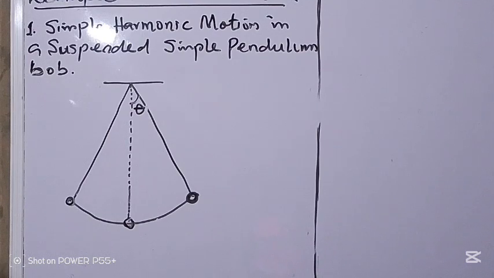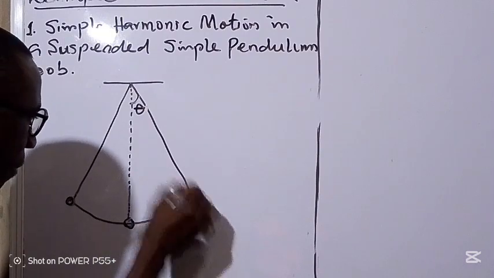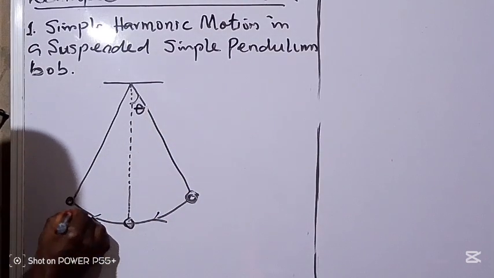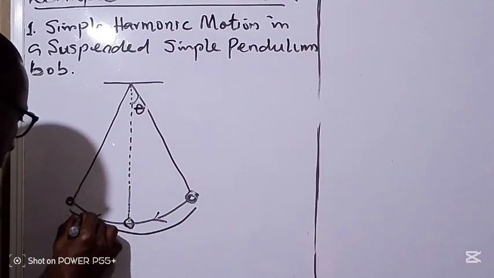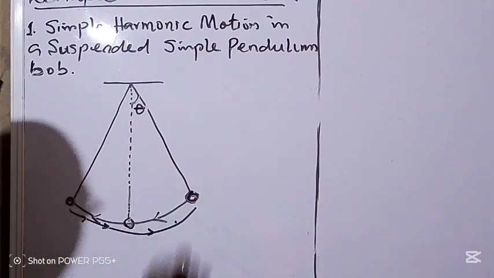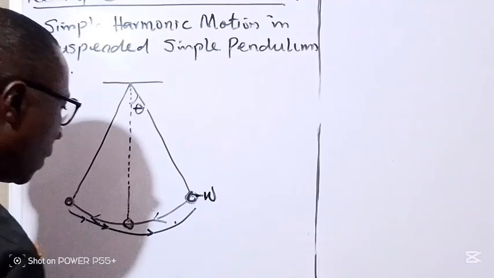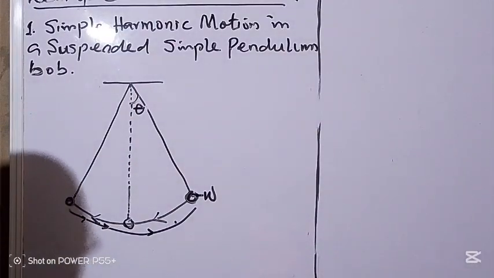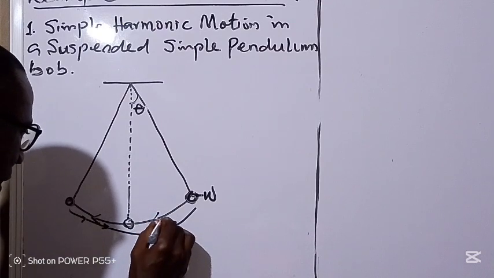From the diagram on the board, this is the pendulum bob as it's oscillating to and fro, from this point to this point, back to this point. Now, let's say this is the weight of the bob, and the first thing we are going to look at is the restoring force, which is F.